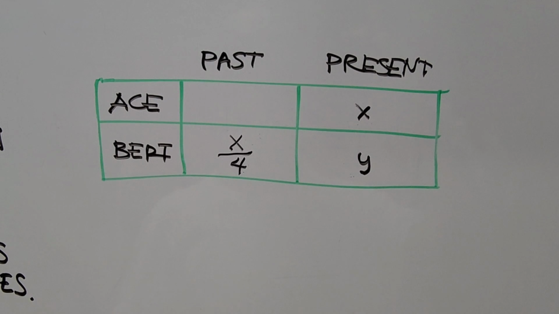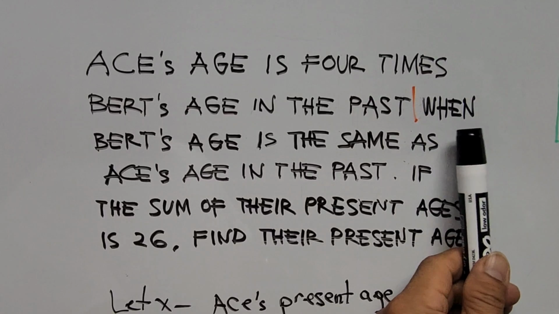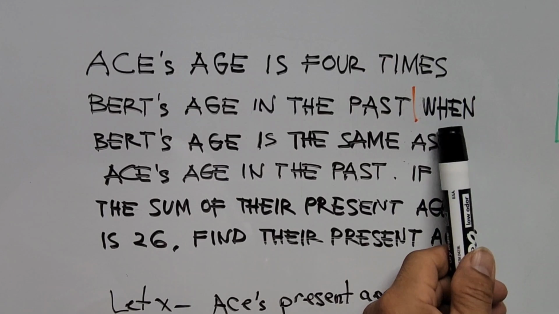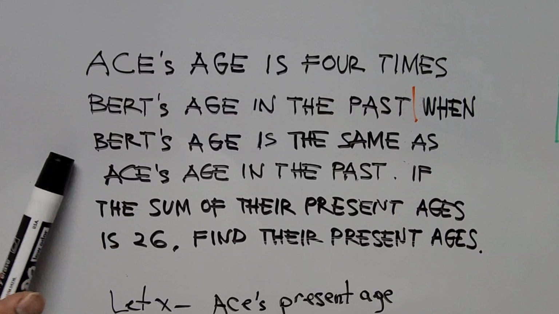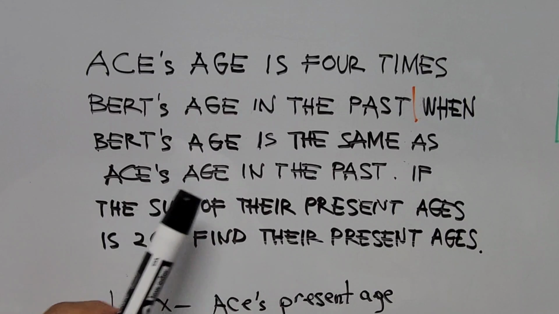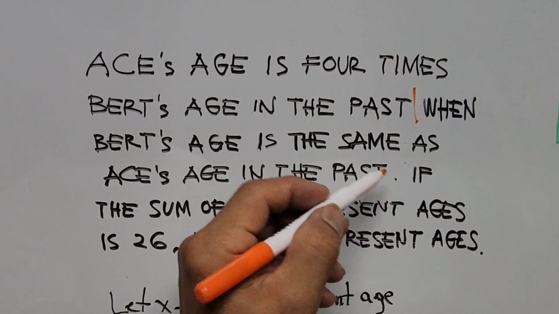Then let's go back to our word problem. In the second part of the first sentence, there's a time frame connector or indicator, when. So we start from here: Bert's age is the same as A's age in the past. And we stop right there, at this period.